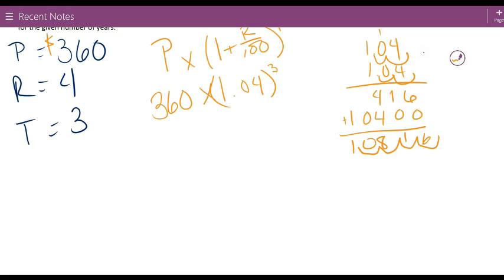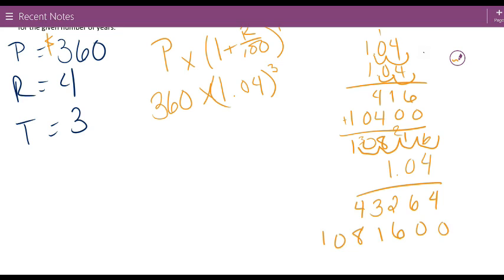So we have 1.0816 times 1.04. Add it together.